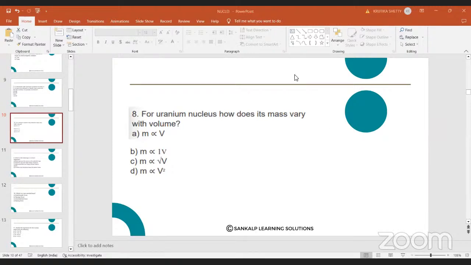Yes, students, directly proportional, correct. So what are the options they have given? For uranium nucleus, the mass varies directly, inversely, under root of V, and V square. So option A is correct. Then our next question.